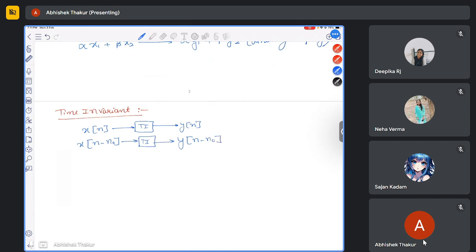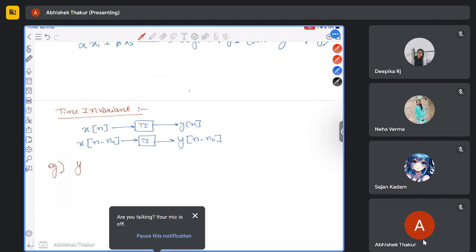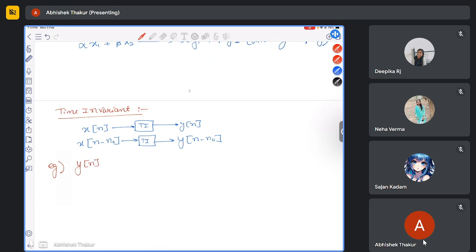Okay, so let's take one example. A simple example we will take to test: y[n] is equal to 2 of x[n] plus 3.